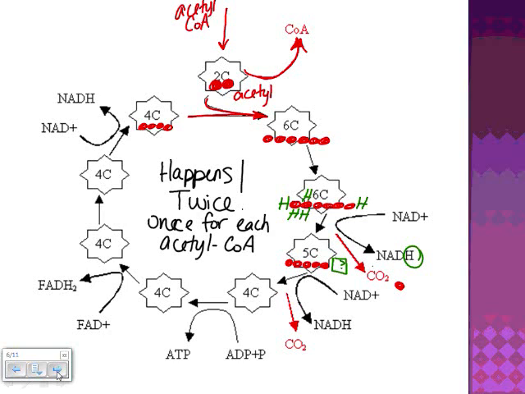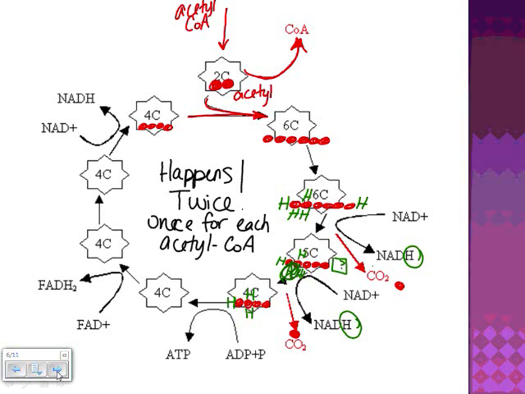So we're only going to have our 4 hydrogens at the end. Next thing that's going to happen is that another NAD is going to come in, pick up another hydrogen, so another one is gone. CO2 is going to take another one of these carbons, which is going to leave us with 1, 2, 3, 4 carbons, and we're now only going to have 1, 2, 3 hydrogens. We got rid of that one.